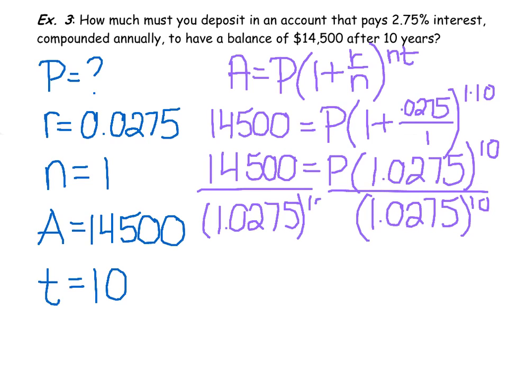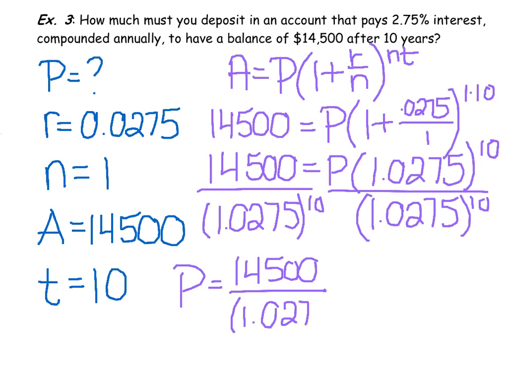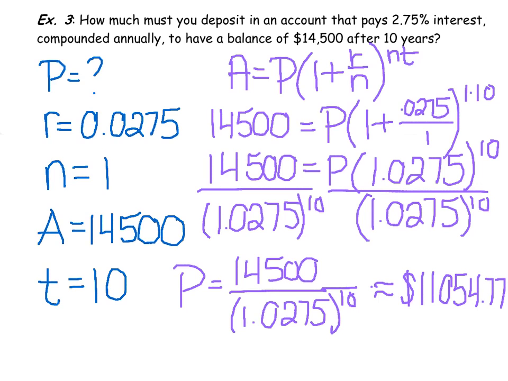This tells me my P is 14,500 divided by 1.0275 to the 10th power, which is approximately $11,054.77. So hopefully you've been exposed to a couple of problems now involving compound interest.